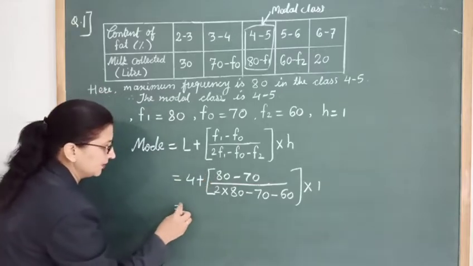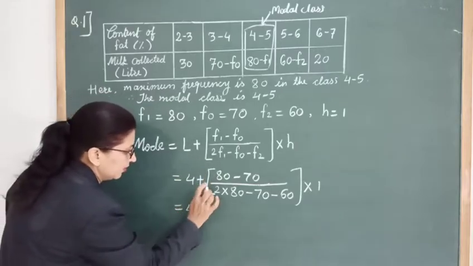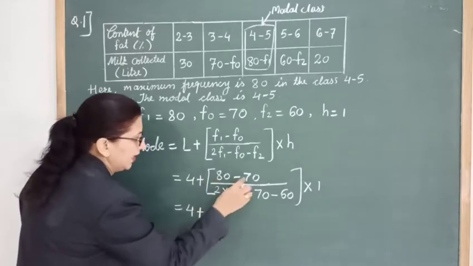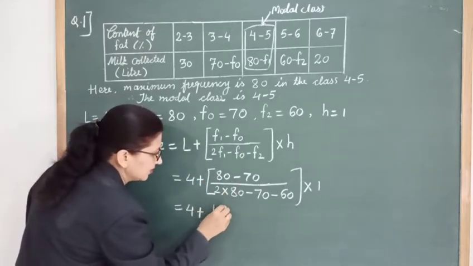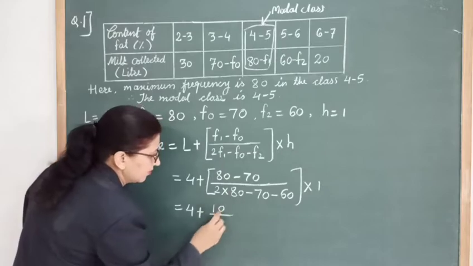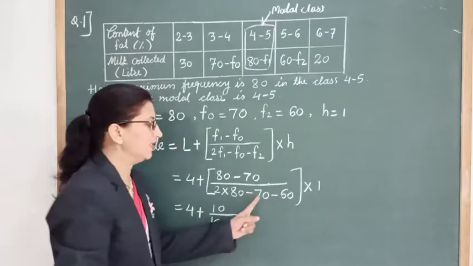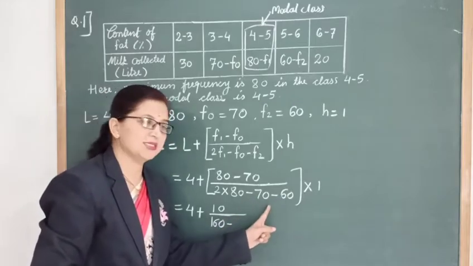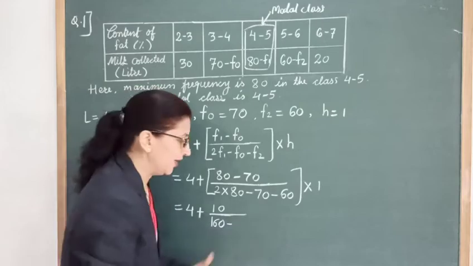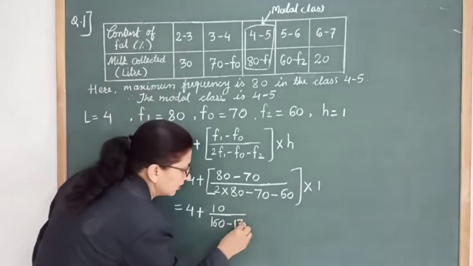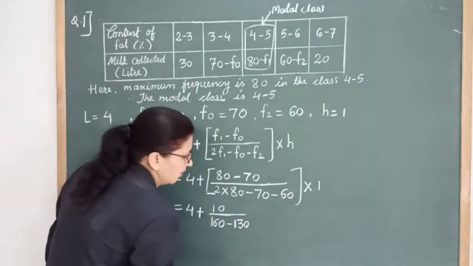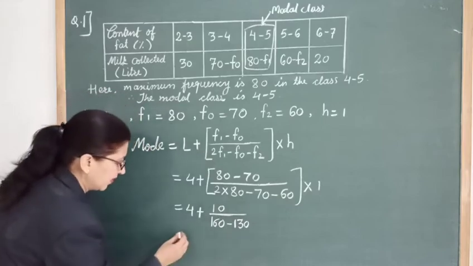Now let's calculate. 80 minus 70 is 10. Downside, 2 times 80 is 160, minus 70 and minus 60. Same sign, so addition: that is 130. 160 minus 130 is 30, multiplied by 1, which is the same number.